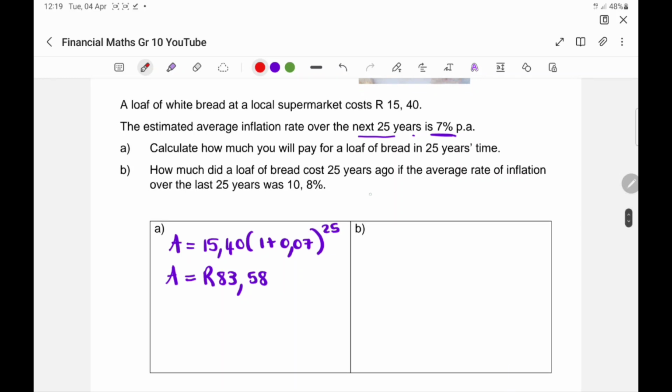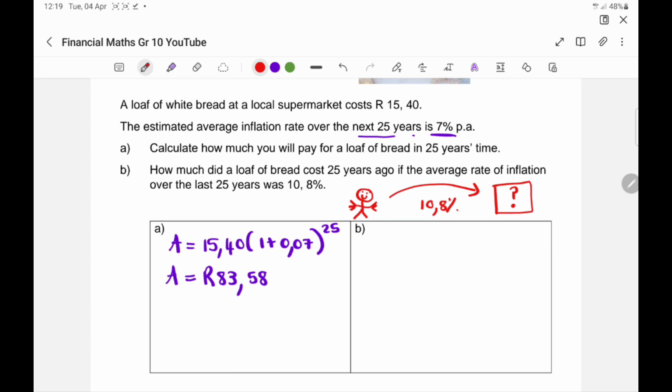So let's quickly think. Here is your granny or your mom 25 years ago as a spring chicken. 25 years ago, the average inflation rate over the last 25 years was 10.8%. So then it went up, and now we want to know how much a loaf of bread costs.